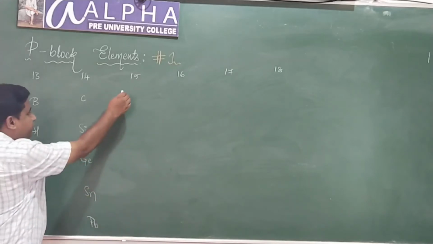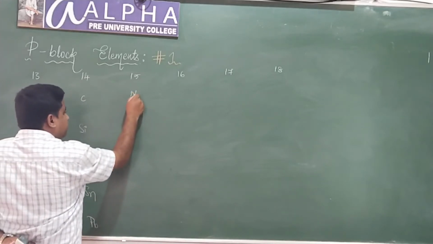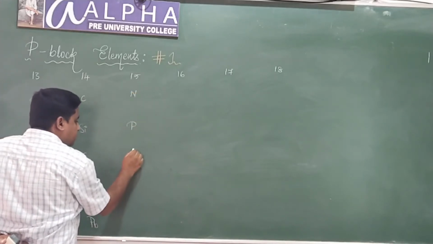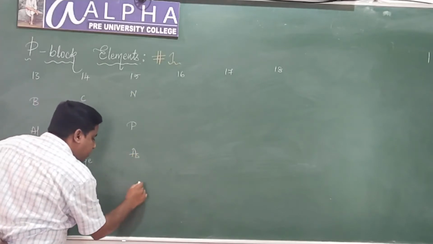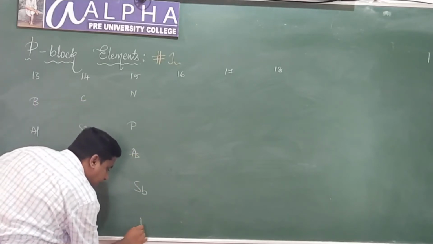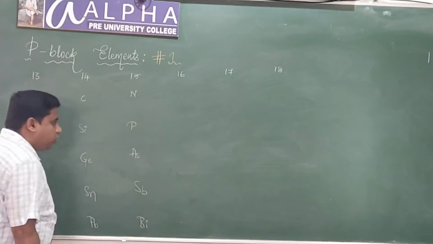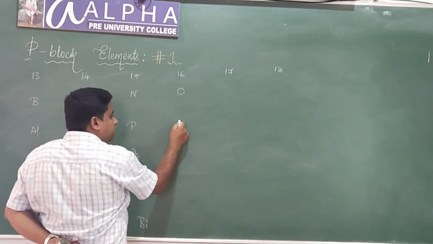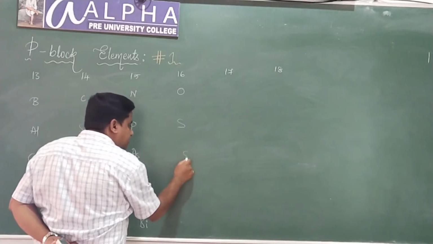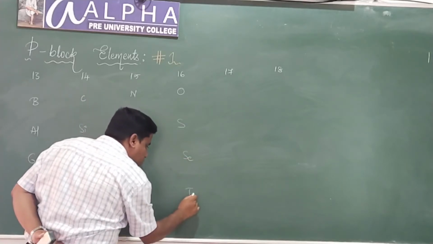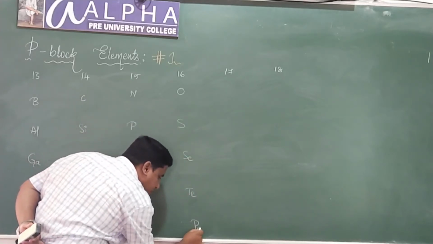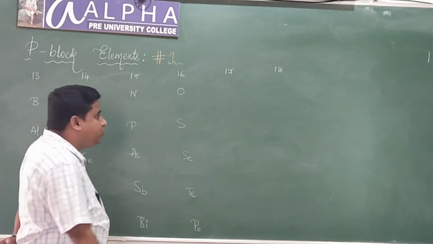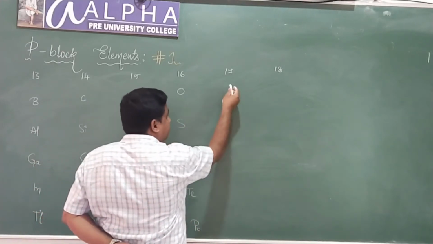In group 15 we have nitrogen, phosphorus, arsenic, antimony and bismuth. In group 16 we have oxygen, sulfur, selenium, tellurium and polonium. In group 17 we have what?